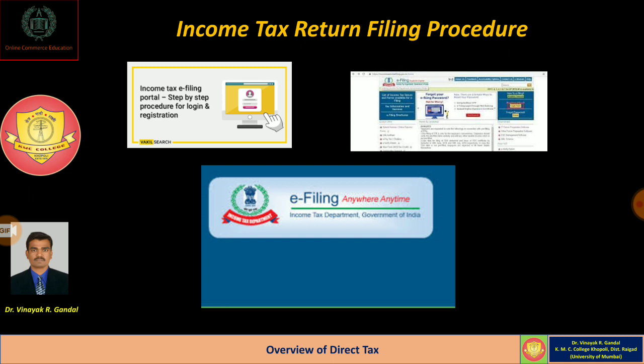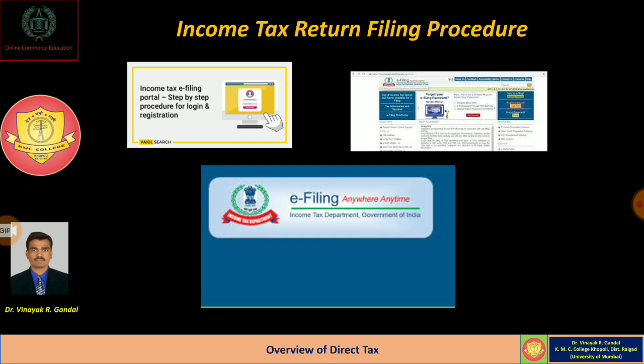So normally each person needs a PAN number, that is, permanent account number, for income tax return. So we have to understand the various income tax authorities and the step by step procedure for login and registration of income tax.